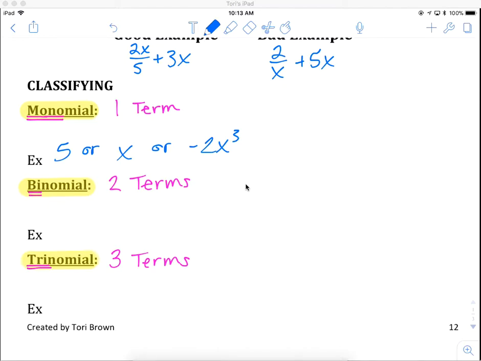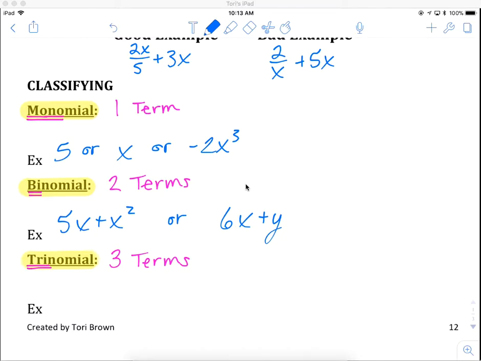If there's two chunks in a piece or two terms, that's called a binomial. 5x plus x squared. There are two terms, that's a binomial. Another example of that might be 6x plus y. Two terms separated by a plus sign, that's a binomial.